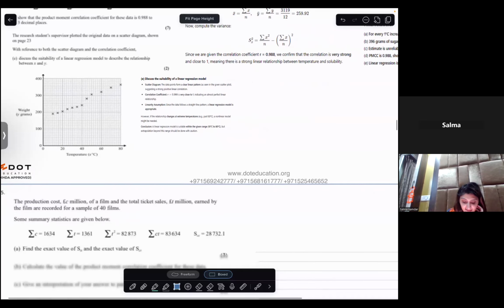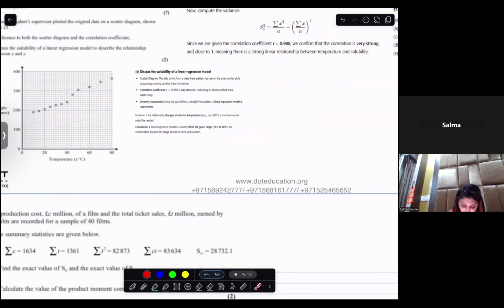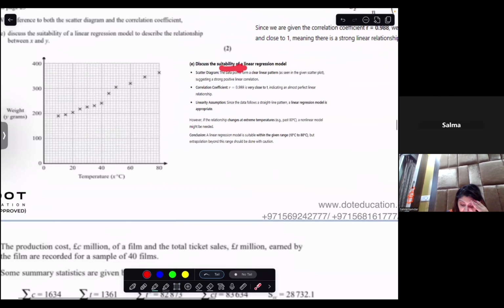The e part is: a researcher, student, supervisor, plotted the original data on a scatter graph. With reference to this scatter diagram and the correlation coefficient, which is 0.988, discuss the suitability of the linear regression model. Since I have to discuss the suitability of the linear regression model, this is a scatter diagram.